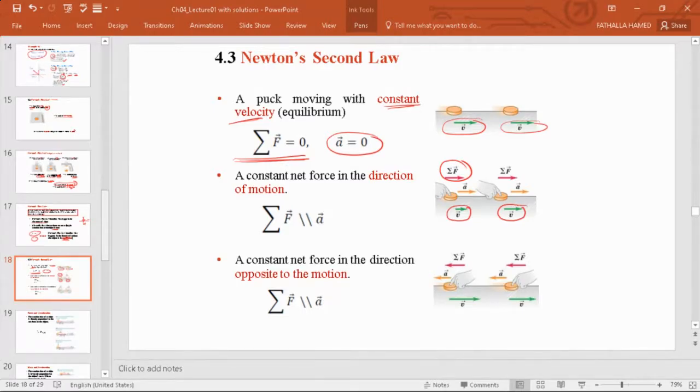You always need acceleration to do that. And this net force has resulted in acceleration. And you can note here that the acceleration is in the direction of the motion, which is parallel to the net force.